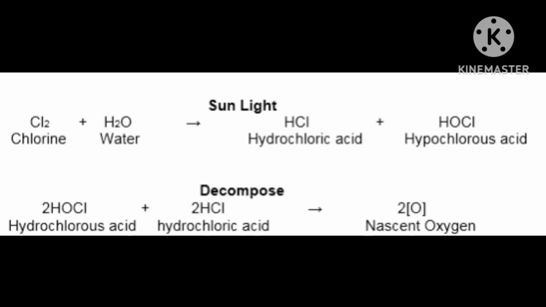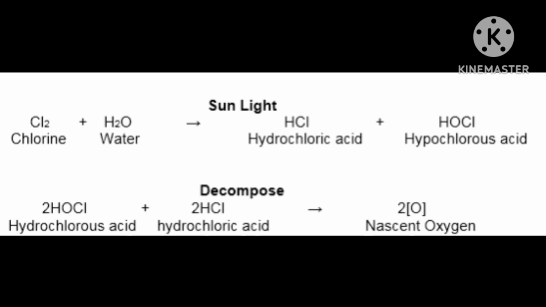Now the next reaction I am telling you, with dry slaked lime. With dry slaked lime, it gives bleaching powder. It is a very, very important reaction. The balanced reaction: 2Ca(OH)2, calcium hydroxide, is called slaked lime.